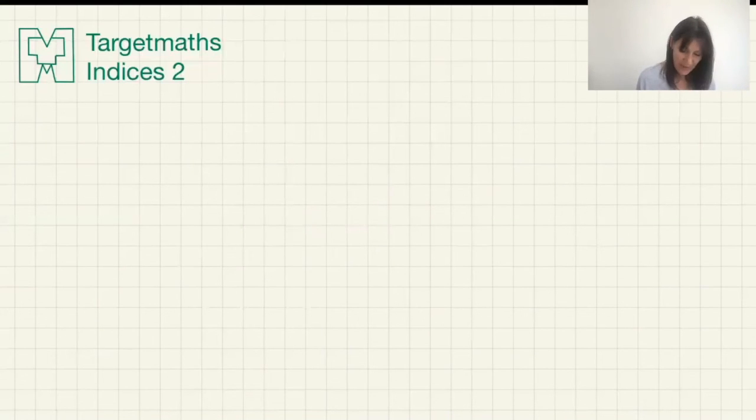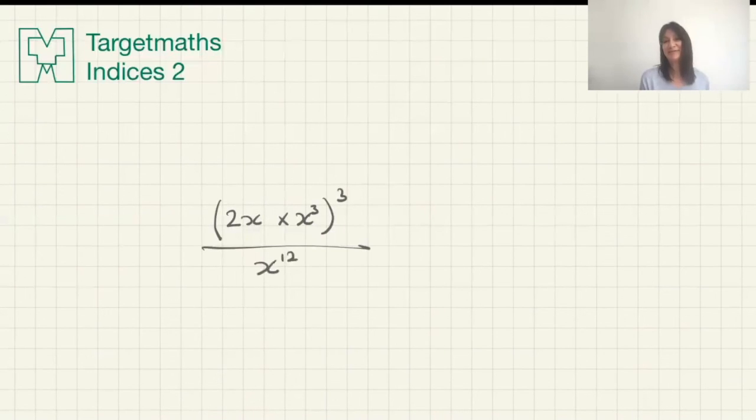Let's do 2x times x to the 3, all to the 3 over x to the 12. All right, hit pause and press play when you are ready. Okay, so there are a number of steps.